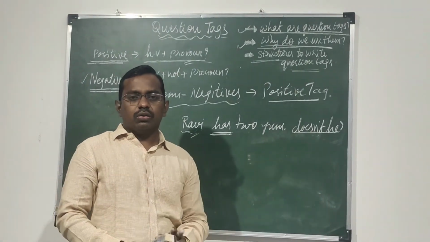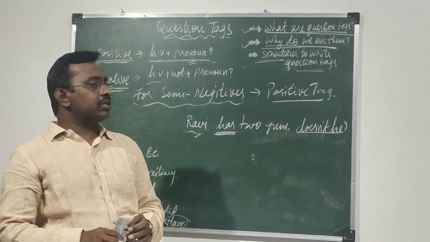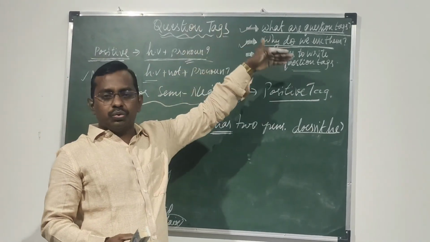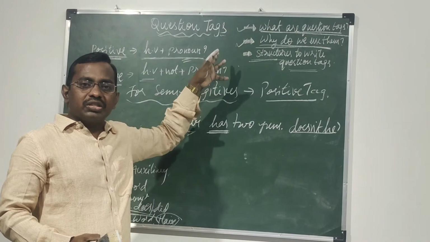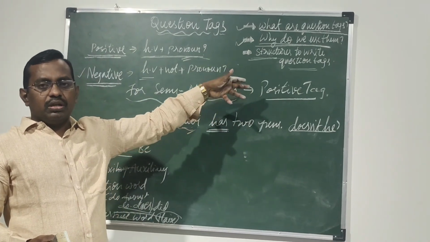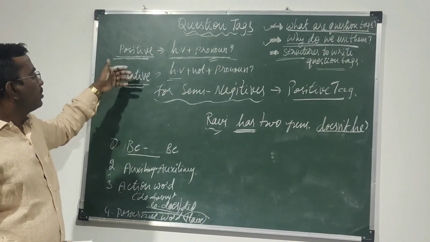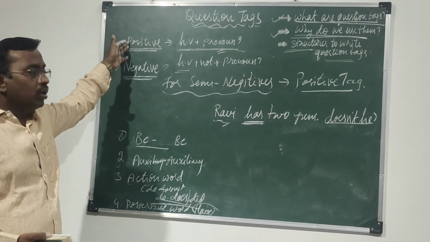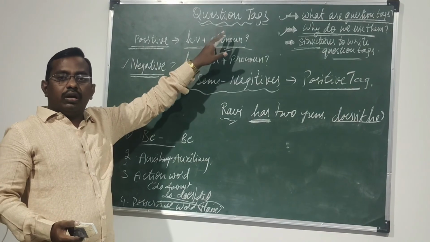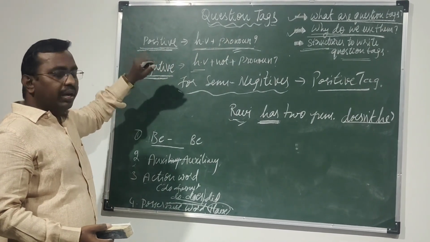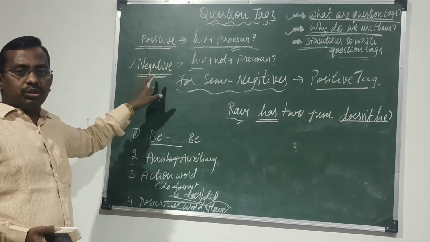Ravi has 2 pens, doesn't he? So in this topic we discussed what question tags are, why we use them, and the structures to write question tags. And also we used some assumptions. If the sentence is positive, we write a negative question tag. If the sentence is negative, we write a positive question tag.